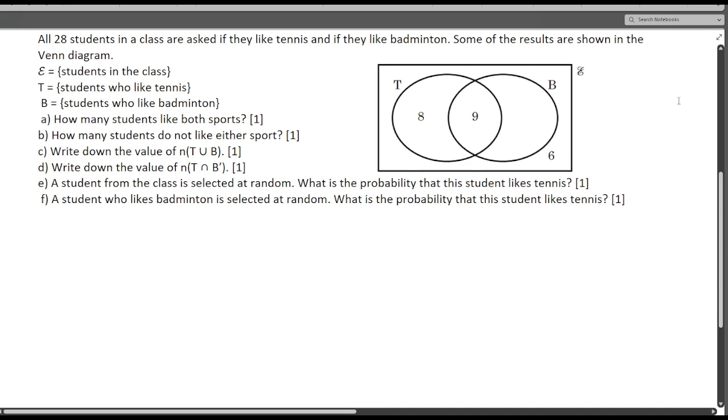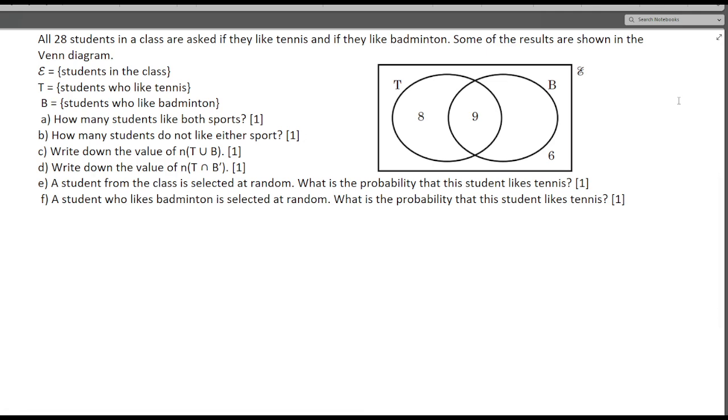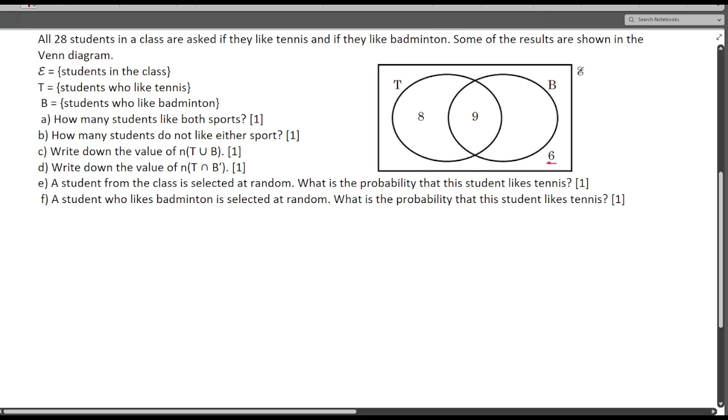Your universal set is the set of students in the class. T is students who like tennis. B is students who like badminton. Total 28 students are there. 6 we have written outside. So one thing, if I add this 8, 9, 6 and say here it is x, their total is going to be 28.